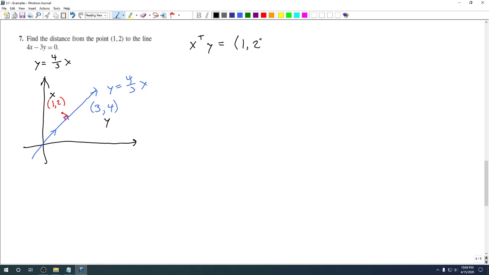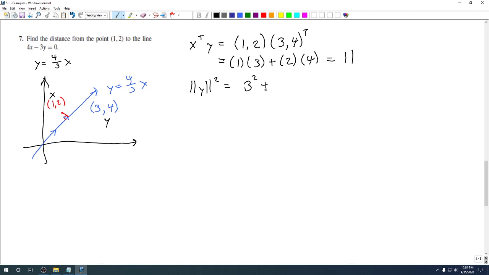We have (1, 2) multiplied to (3, 4) transpose. We have 1 times 3, plus 2 times 4. 3 plus 8 gives an 11. We need the magnitude of y squared. That's going to be 3 squared plus 4 squared. Well, this gives us 25.